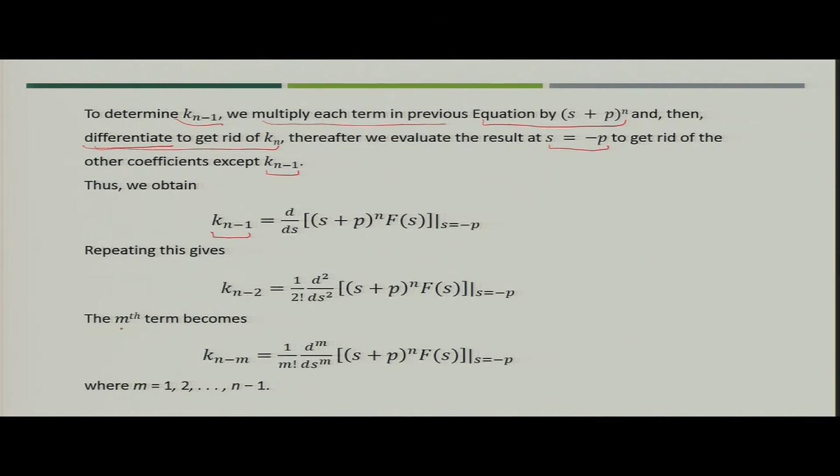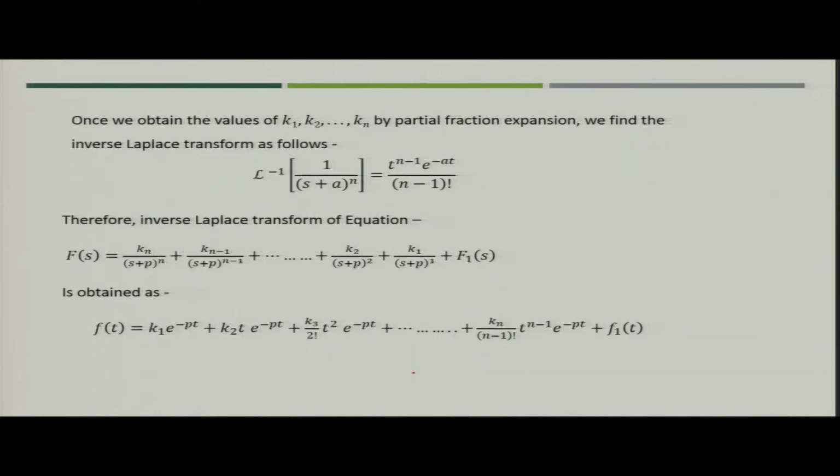So, in general, for the mth term, Kn minus m, you are finding the value of the constant term, and it will be given by 1 upon m factorial times the mth derivative of (s plus p) to the power n F(s), and then the whole expression evaluated at s equal to minus p. So, now you have all the constants in your hand.